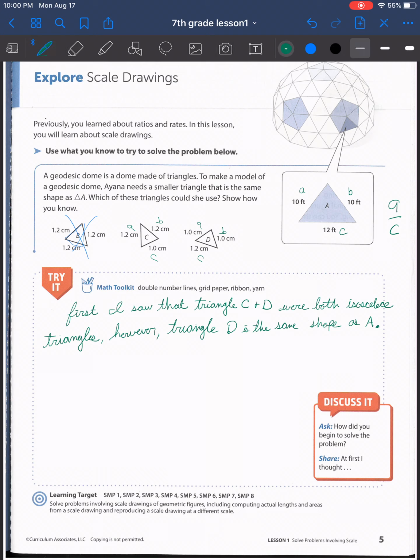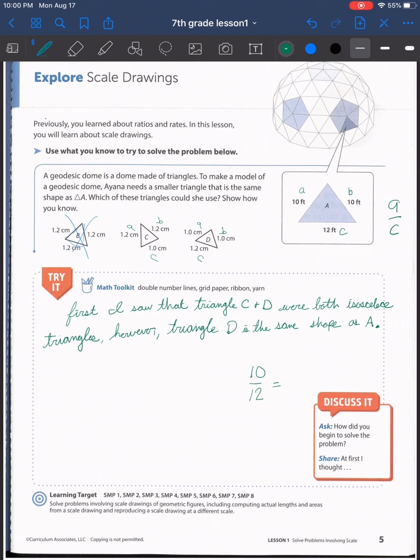A is 10 feet. I'm gonna write it over here. What is C? C is 12 feet. Okay, I'm gonna set them equal to each other. Now what that does is that shows me that if these are equal to each other, then they are proportional. And we want them to be proportional.